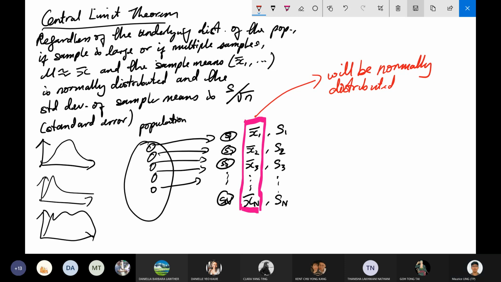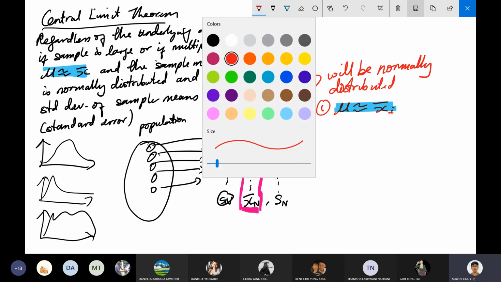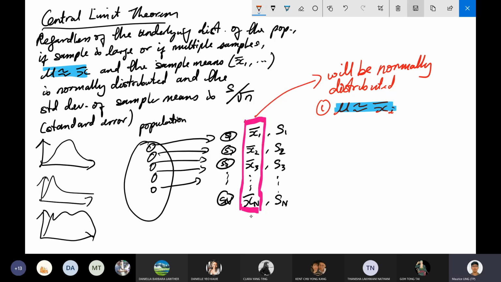And based on this criteria, one, the population mean is approximated by any of the sample means. It's the same condition here.